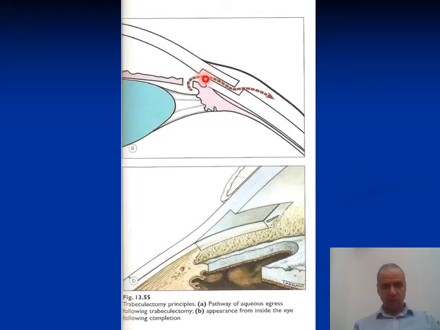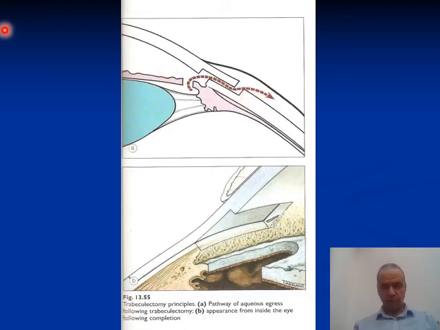The aqueous passes, and because there are loose stitches here between the flap and sclera, the aqueous passes beneath the conjunctiva and is then absorbed by conjunctival blood vessels and episcleral blood vessels into the systemic circulation. Because this is a fistula, sometimes we use anti-metabolite to avoid occlusion of this fistula, using mitomycin C or 5-fluorouracil.